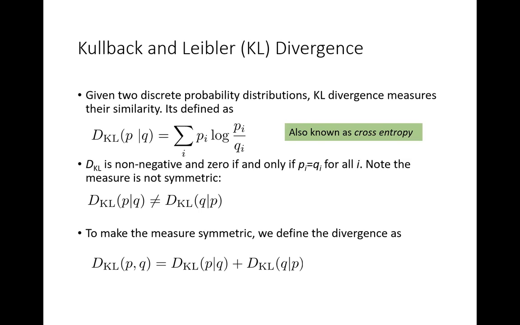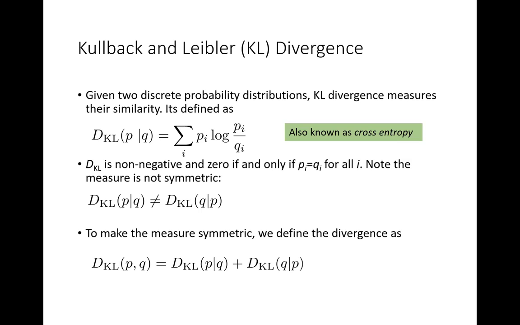Event number one has certain possibilities, and each possibility has a corresponding probability. Event number two has certain possibilities and corresponding probabilities. All right. And let's say both events have 5 possible outcomes, but the corresponding probabilities are different. Then one might say, well, how similar are these two events? That is what basically we are trying to measure here in terms of two discrete probability distributions. All right. So KL divergence measures that.